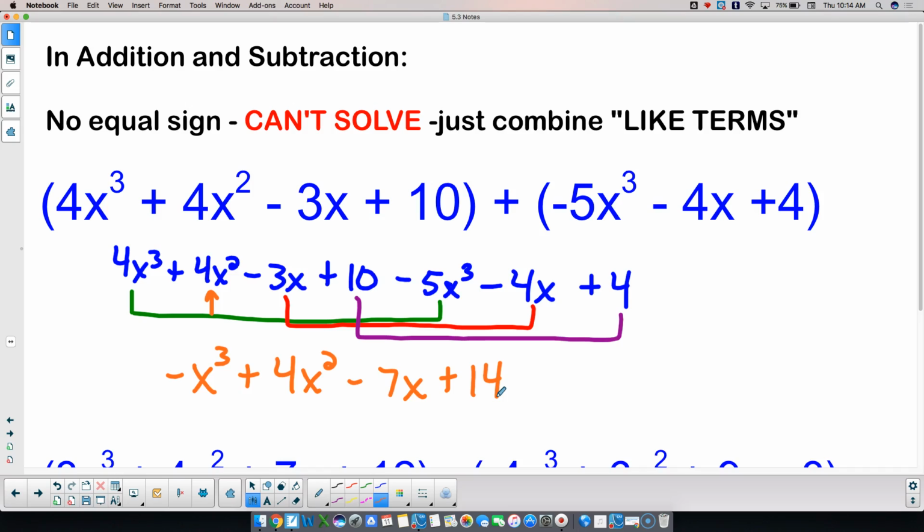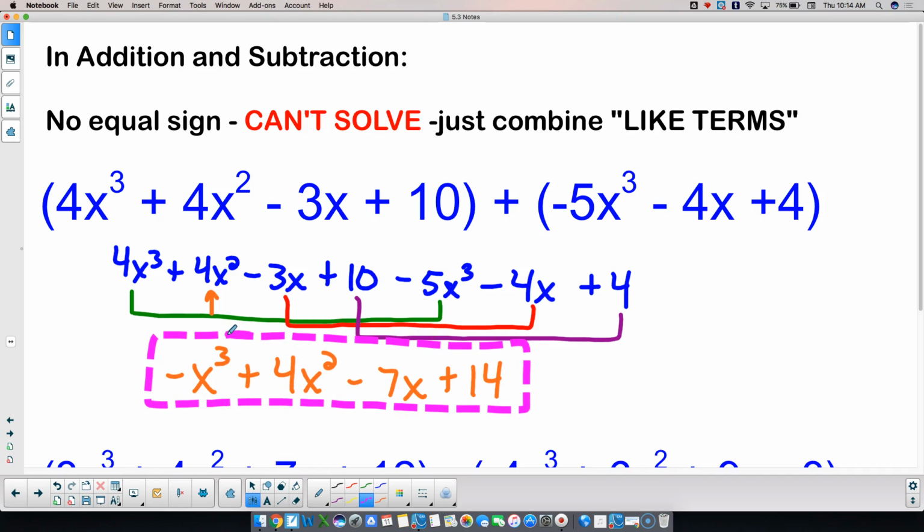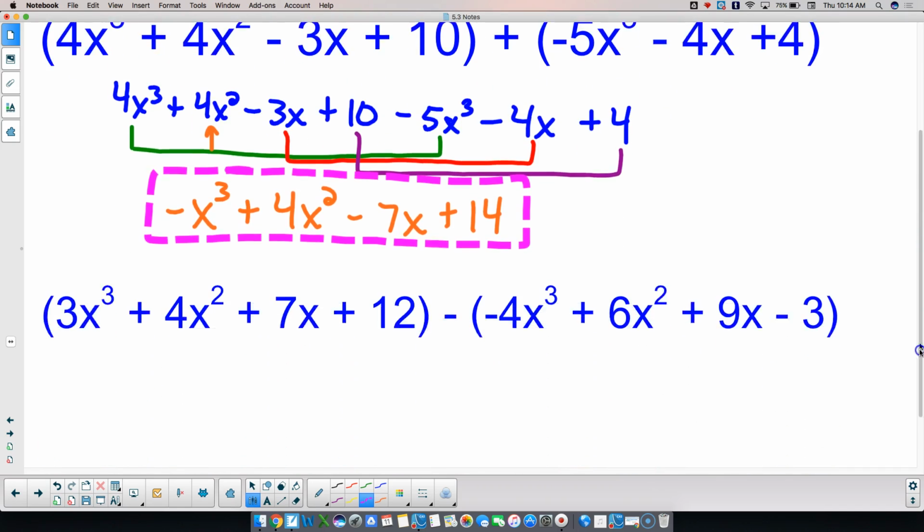You can't do that. Why not? Because they have different exponents. Bingo. So then this is my answer. You would be shocked that people don't know that. Yep, very interesting. All right, so try this next one.